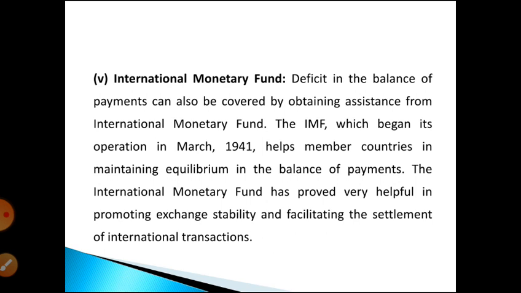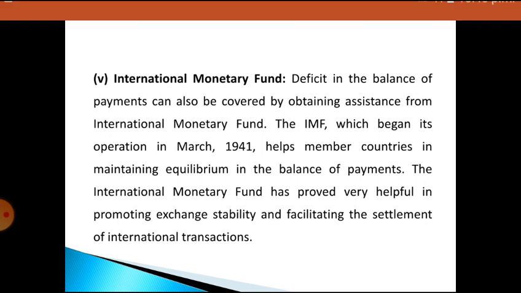If you want to correct the disequilibrium in BOP, we should do export promotion, which means exports should be encouraged, by providing various facilities to the manufacturers, the industrialists, as well as the exporters. At the same time, imports should be discouraged by imposing tariffs, quotas, or import duties.